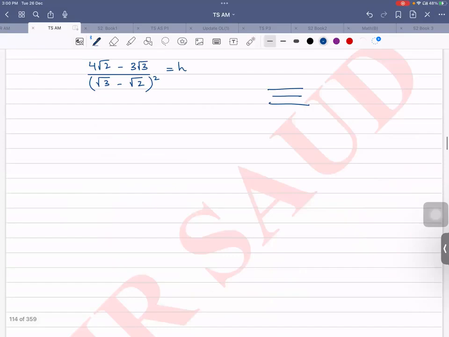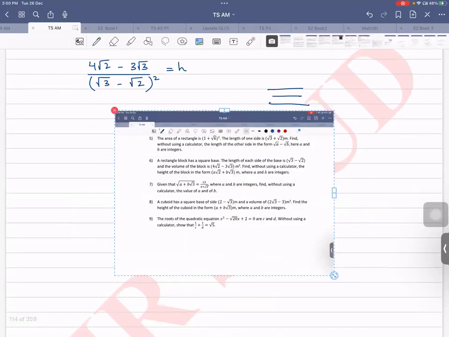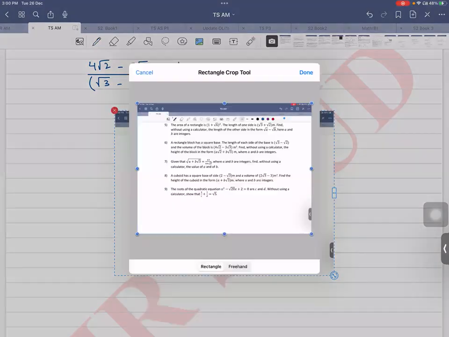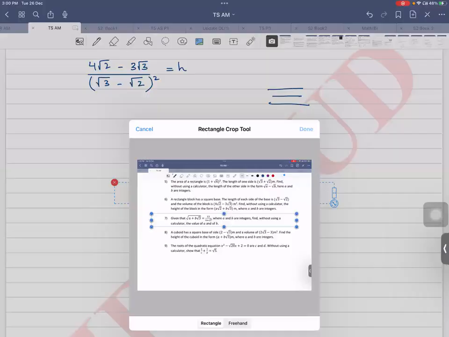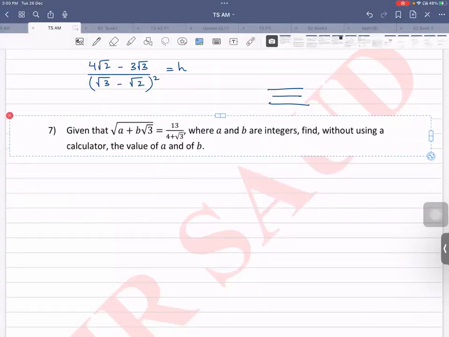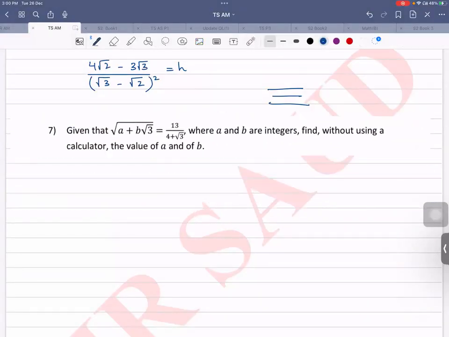I have to discuss one more question. Question number 7. Read the question, Eraz, and then tell me how would you solve this question.